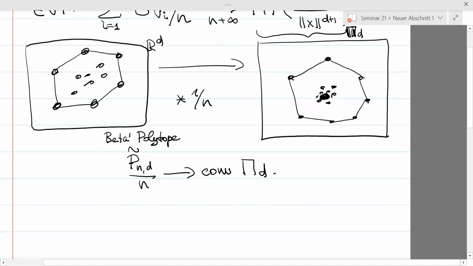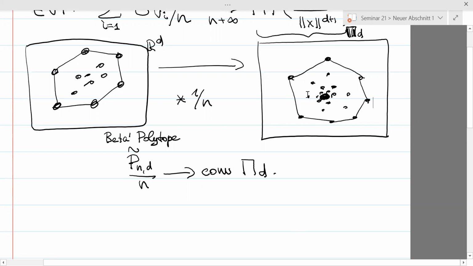And now it's rather natural to expect that the expected number of faces of this polytope in any dimension converges to the expected number of faces of the convex hull of this Poisson process, I'm sorry.